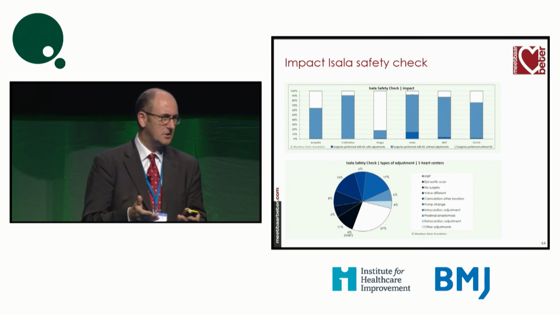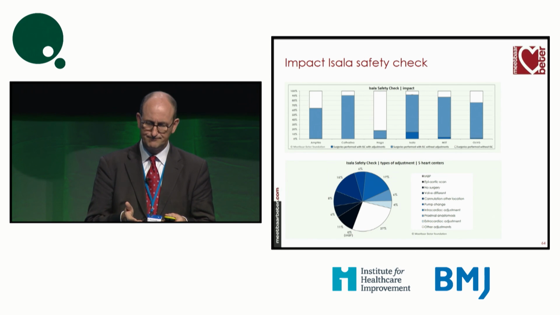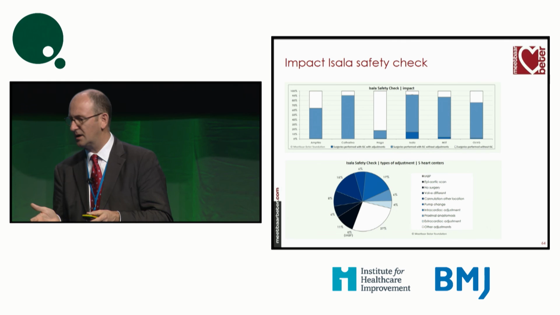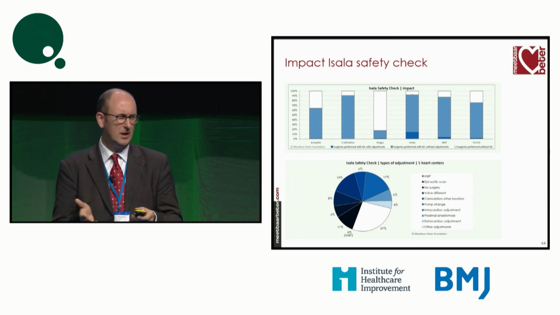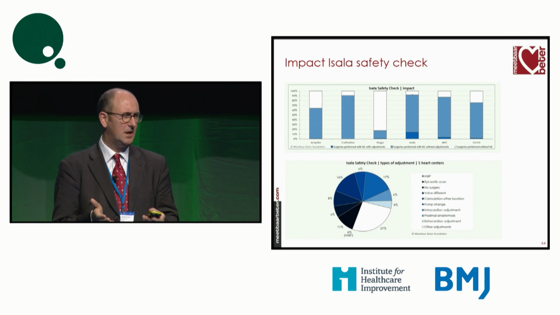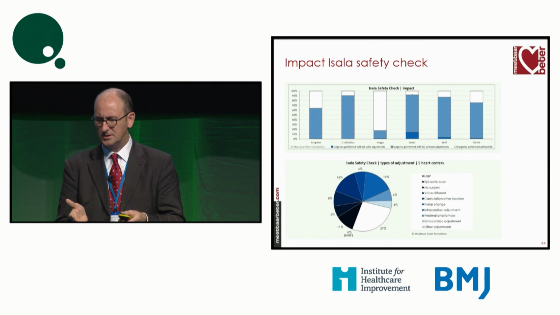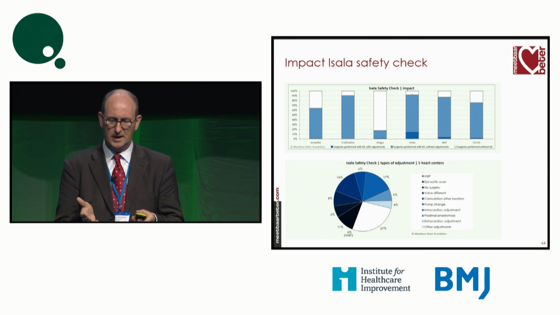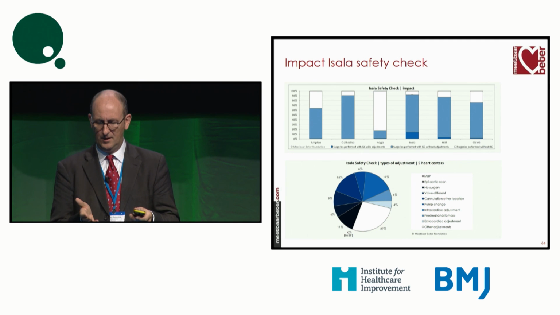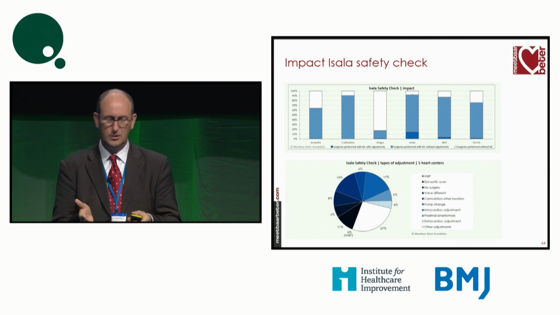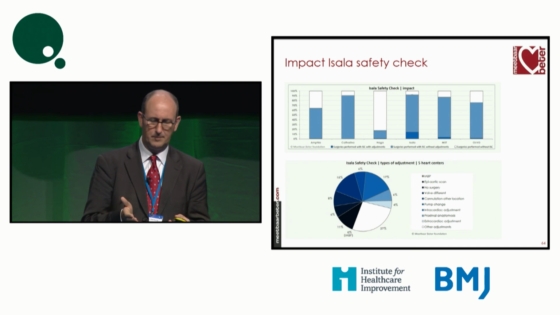This was also discussed within Meetbaar Better, and a number of centers, 5 to be exact, also implemented this additional safety check. And now, after a year, we can already see that they have changed their plan for the patient, for the surgery, by taking a different valve, taking another kind of cannulation location, using an intra-aortic balloon pump, and such.